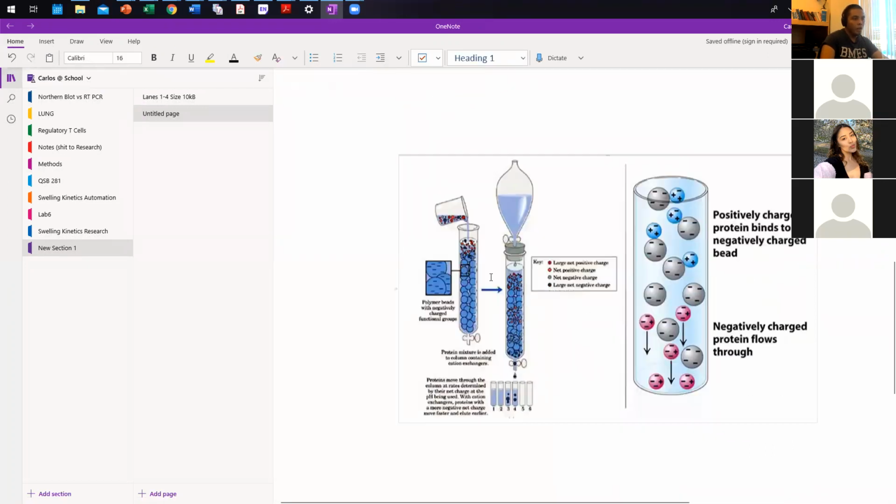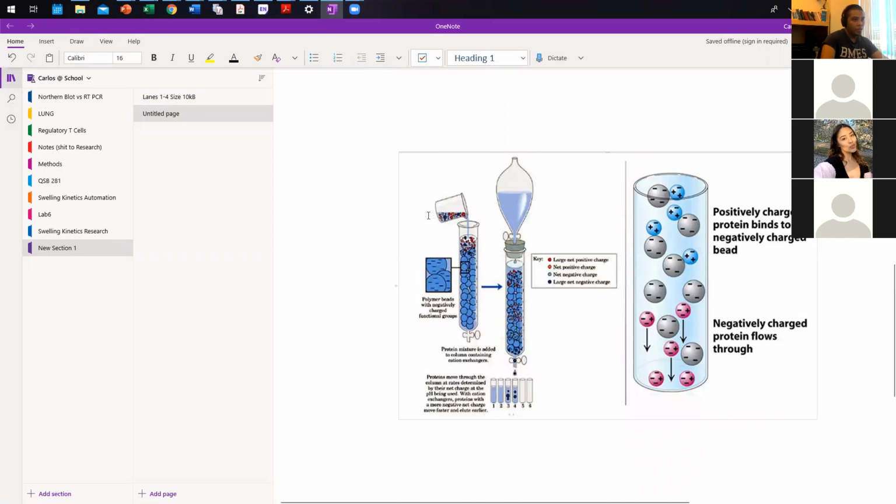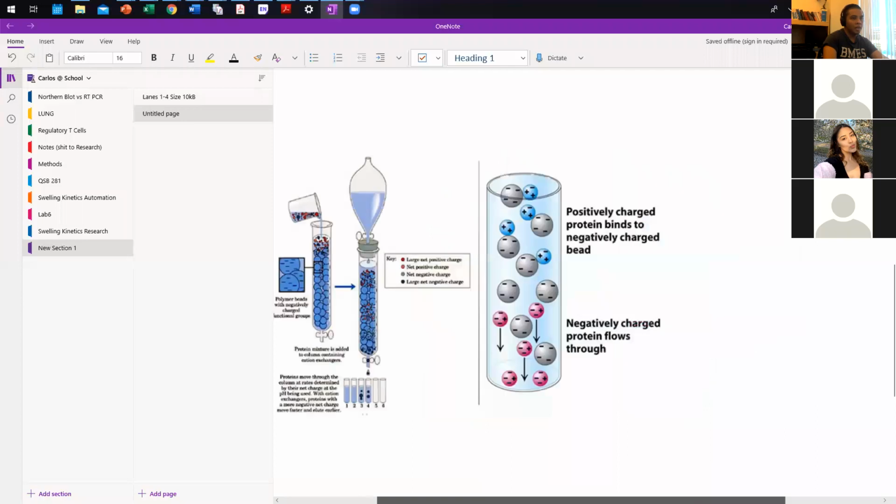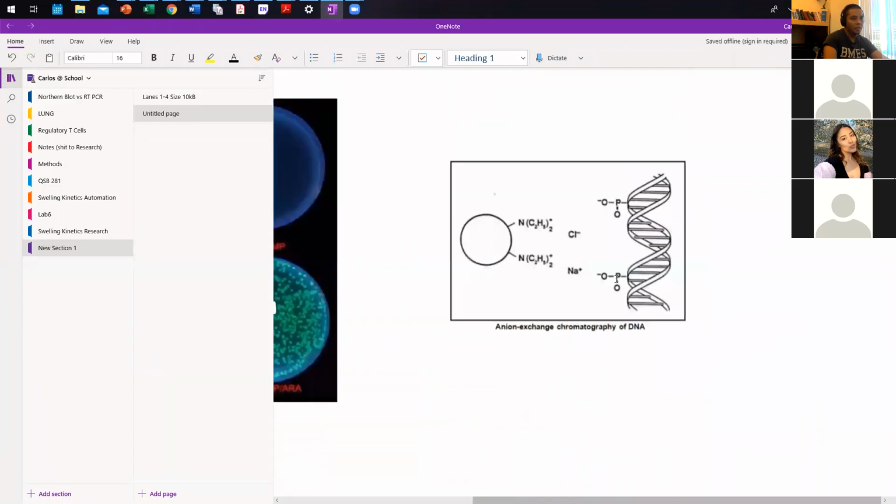So you have these columns with these beads, and you're going to run your solution with contaminants. You're going to run the supernatant you get from trying to purify your plasmid through these beads with buffer. These beads are essentially made to attract and grab the plasmid.